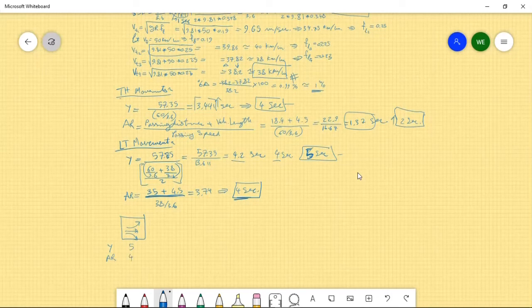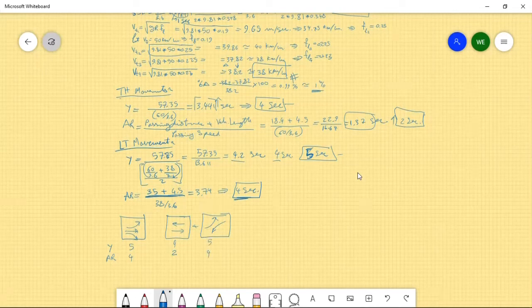But if we have two separate phases, for example a dual through phase plus another phase, which is a dual left phase, then the yellow time here will be 4 seconds and the all red time will be 2 seconds. And for the other phase, it's going to be 5 and 4.